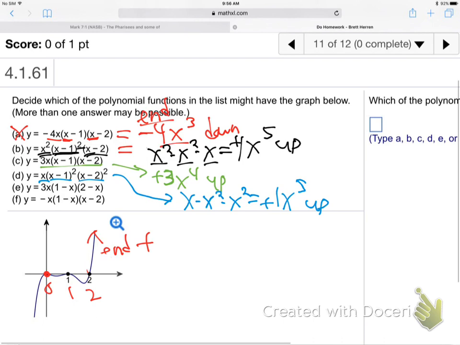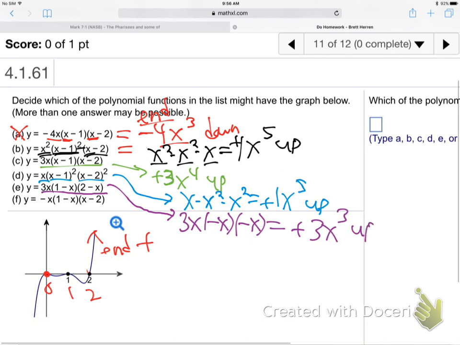All right, let's go to E. If you did E, what are you going to get there? 3x times negative x times another negative x, actually. So it is positive 3x cubed. That one's up as well. So I can't eliminate that one. Did everybody see how I got that?